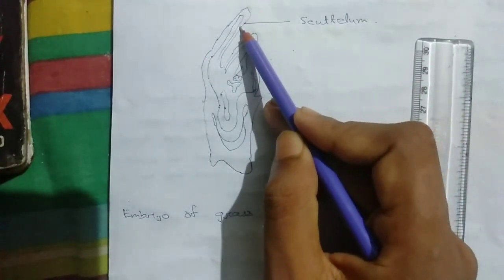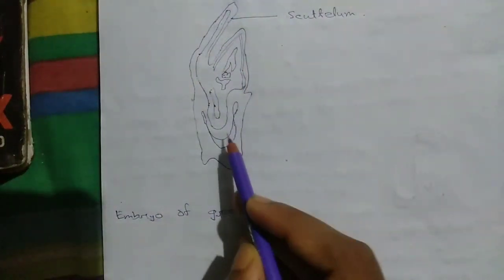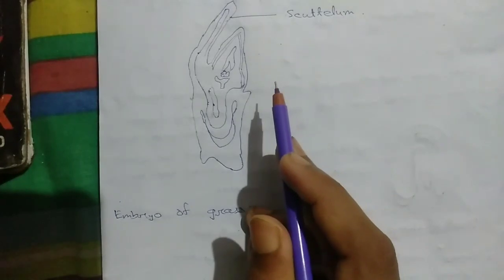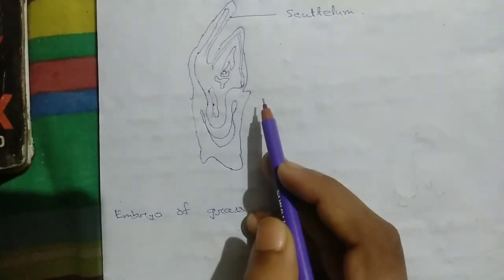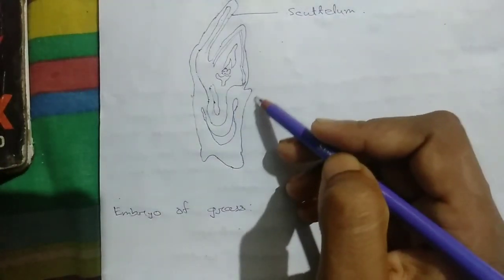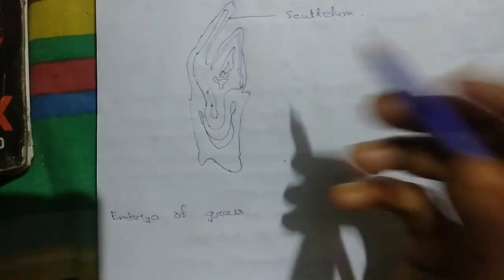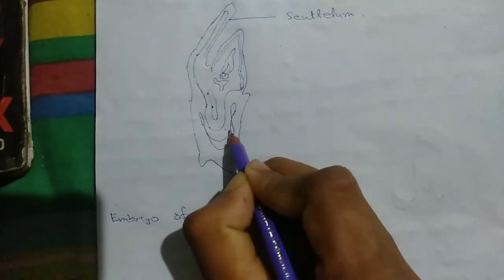The lower end of the embryonal axis has the radicle and a root cap.